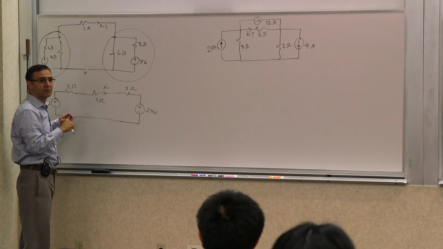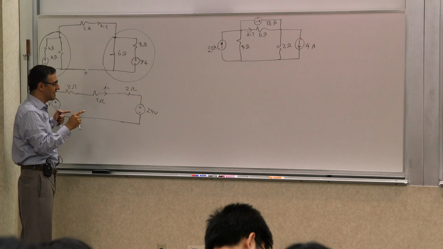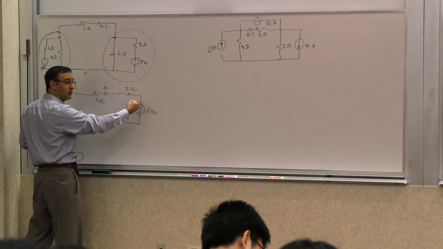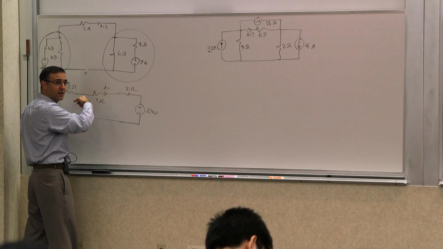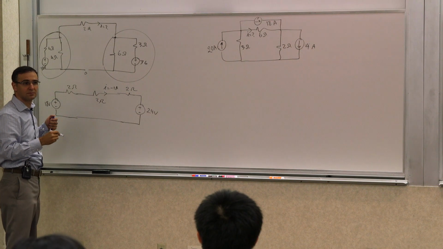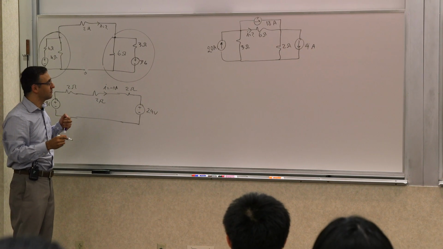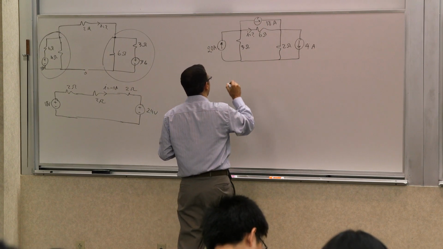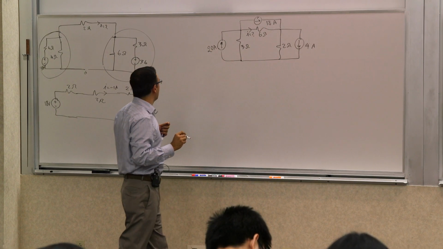But which way would it go? So it's 6 volts divided by 6 ohms. But which way would that current flow? From right to left, right? So then it would be negative 1 amp because of the direction. So 1 amp is incorrect. We say negative 1. Okay, so that's for that.